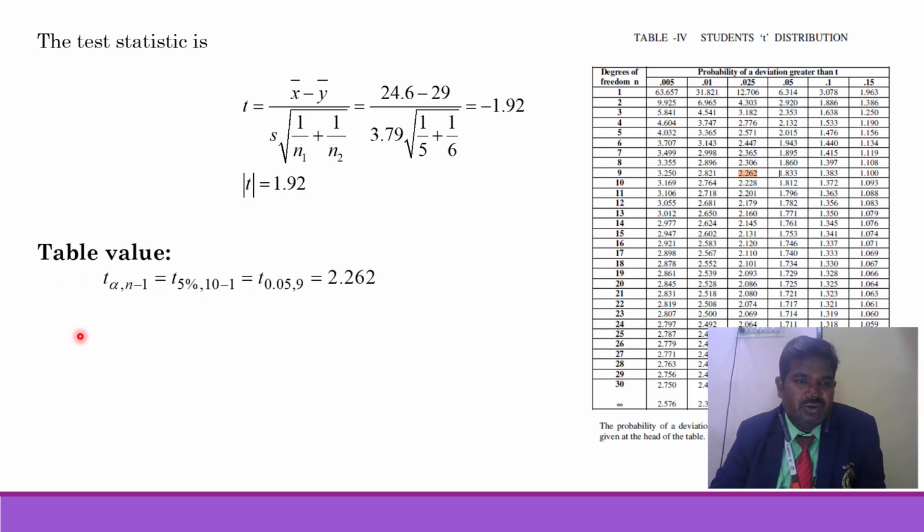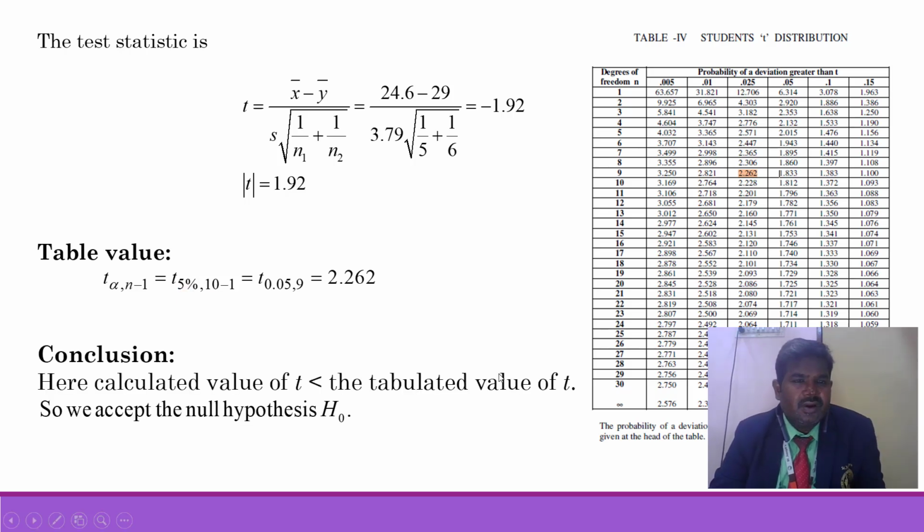The table value we choose at 5% with degrees of freedom 9. The value is 2.262, as shown in the table, for a 5% two-tailed test.